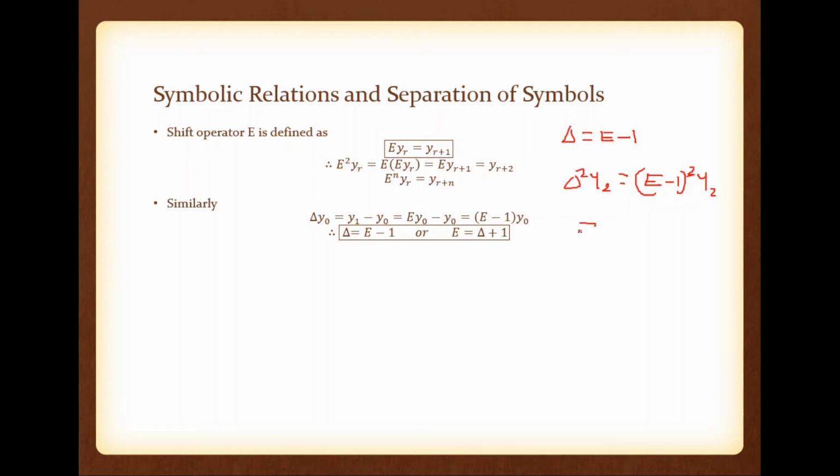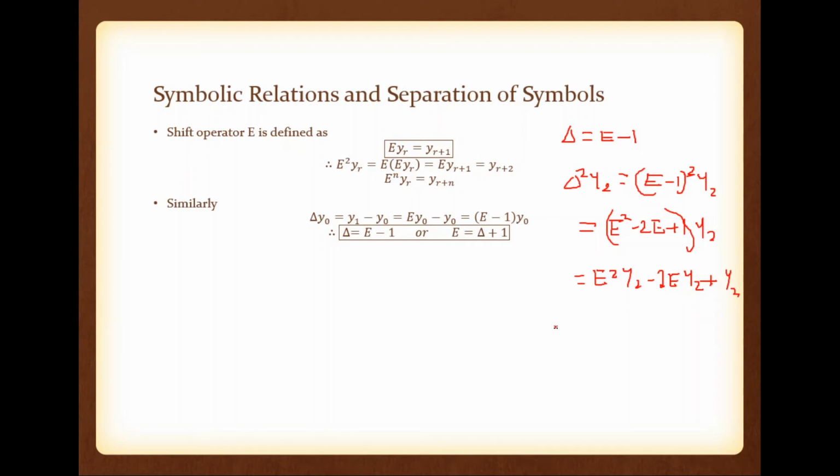Now what is E minus 1 square? E minus 1 square is E square minus 2E plus 1, into Y2. So multiplying it, we have E square Y2 minus 2E Y2 plus Y2.